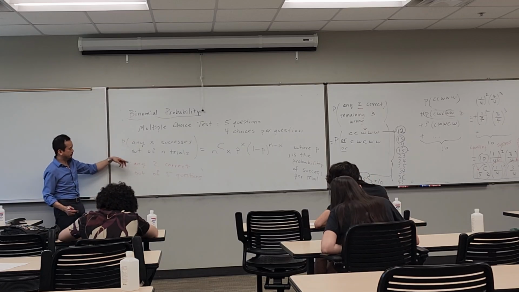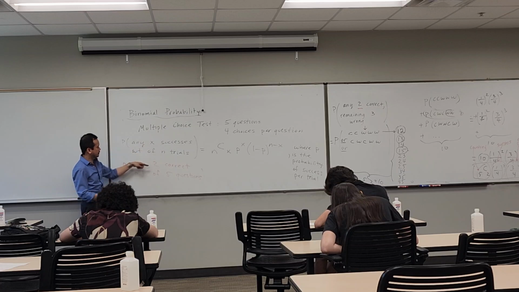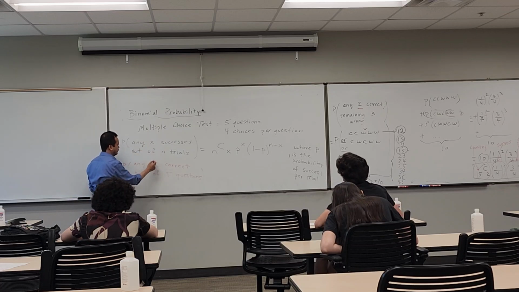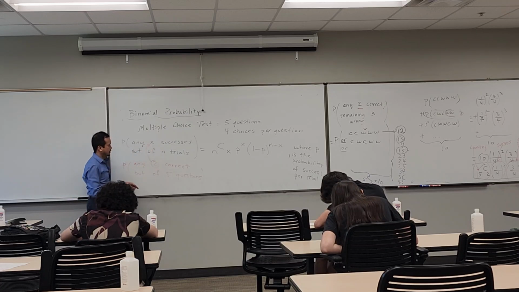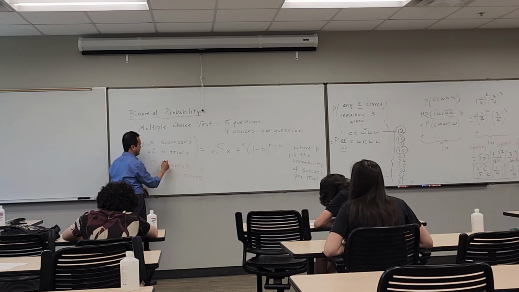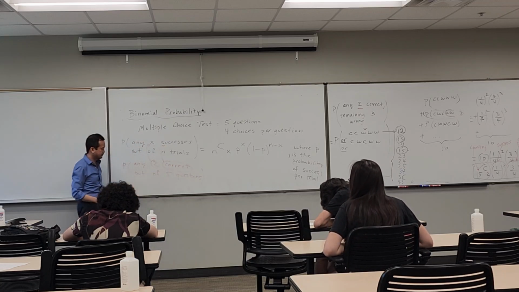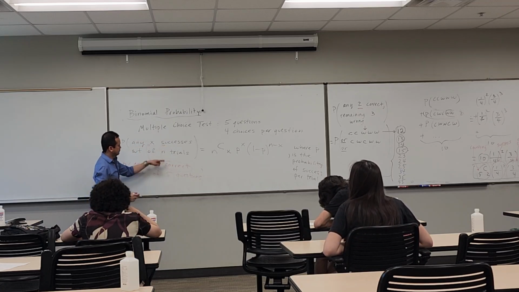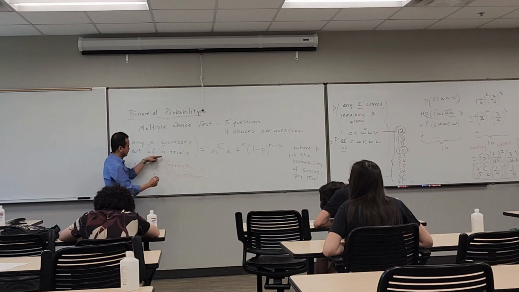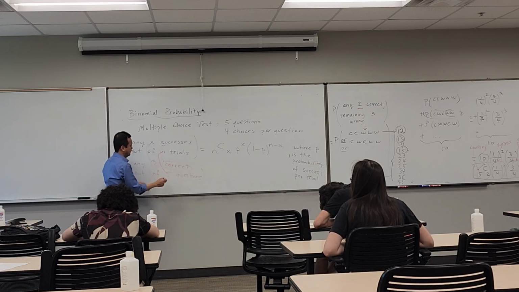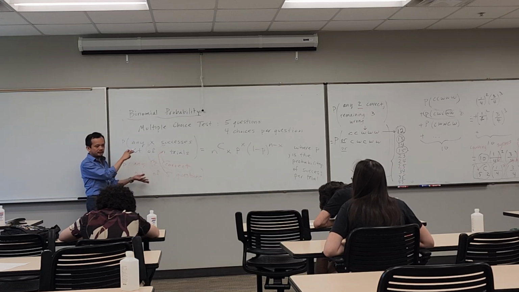We have any number of successes, so this 2 would correspond to the x. Getting a question correct would be a success. That's what we're keeping track of. Out of 5 questions, so 5 would be n. A question would be a try. So everything matches up in this template.